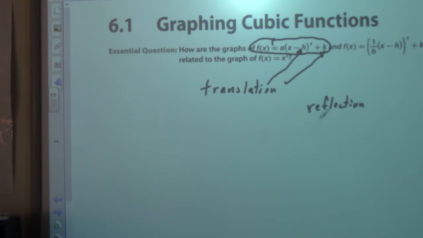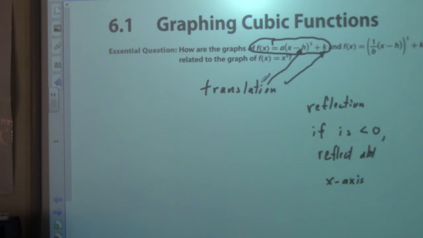But what it is, if a is less than 0, then we reflect about the x-axis, right? And what else? There's one other thing we talked about that is taken care of by a. What does a also do? Slope or width, narrow.